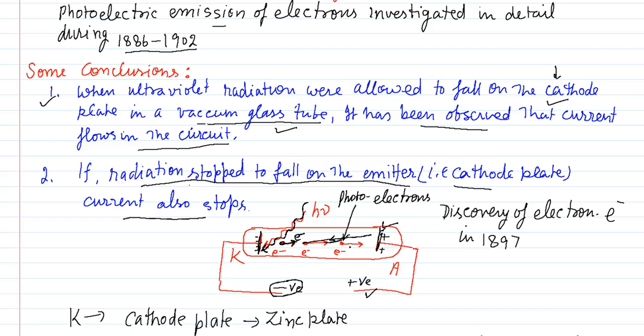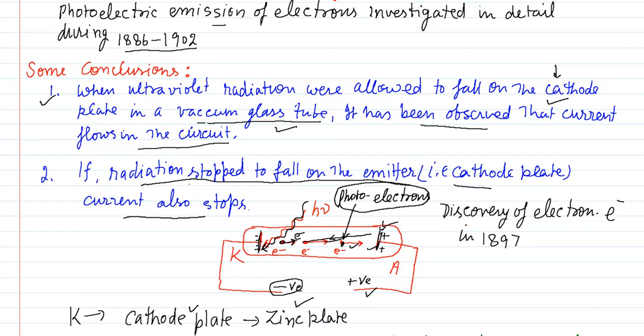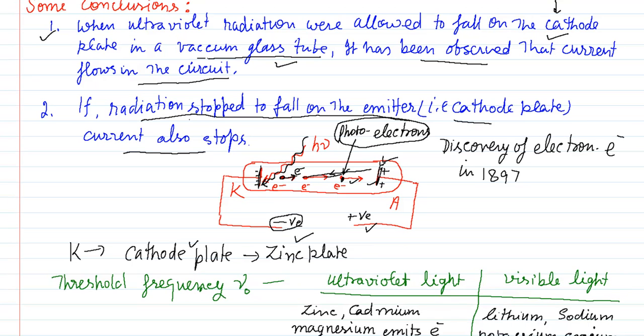So all these electrons move towards the anode plate. The electrons emitted from the cathode are known as photoelectrons, and the process by which electrons are emitted from the cathode surface is the photoelectric emission. Here a zinc plate is taken as an example of the cathode plate. As you know, the electron was discovered in 1897.